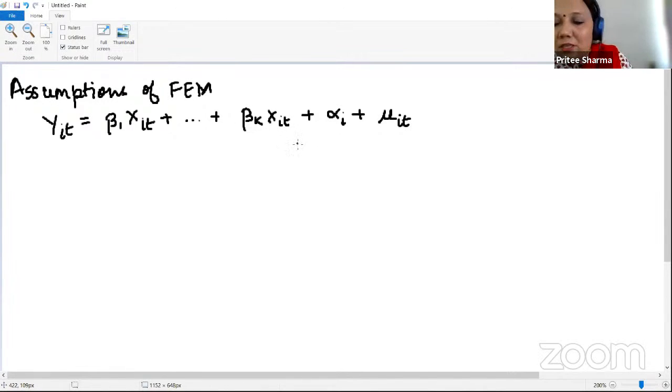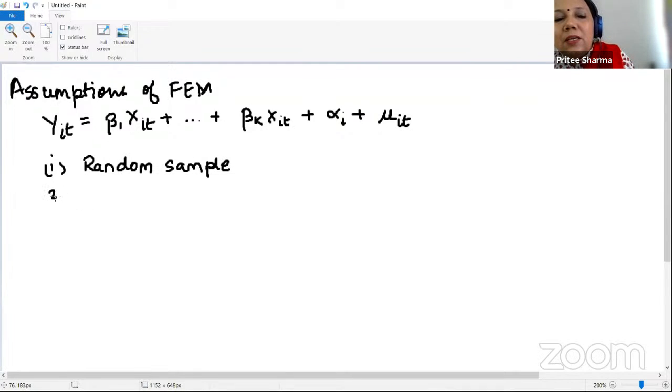So assumption number one is that each entity has been selected randomly, so each cross section is a random sample.